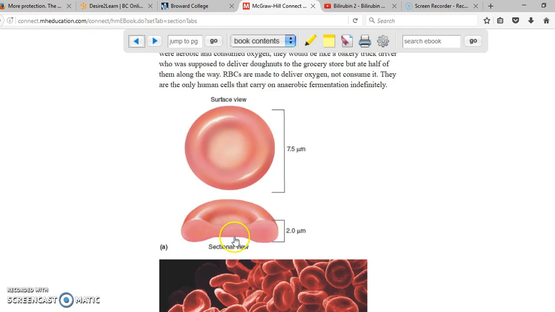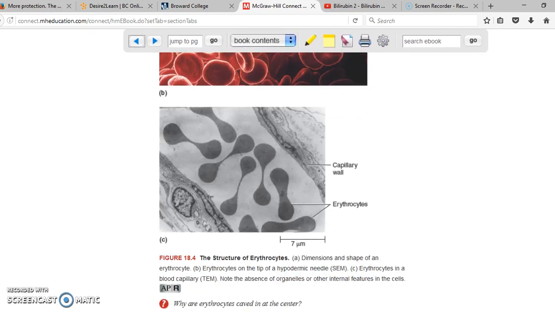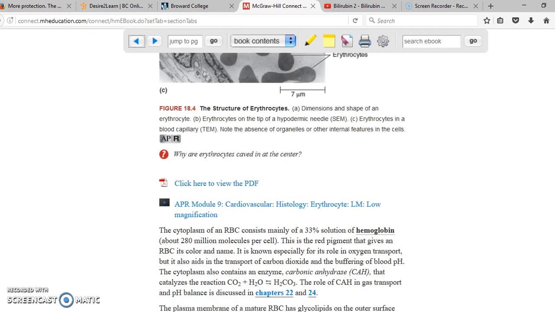So if the red blood cell doesn't have a nucleus or organelles, what does it have instead? What does it have inside here that allows it to transport gases? Well, inside there, what it's going to have is hemoglobin. Okay, it's very important for you guys to understand that concept.